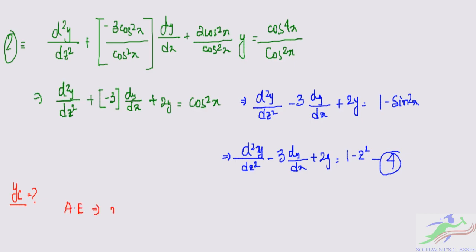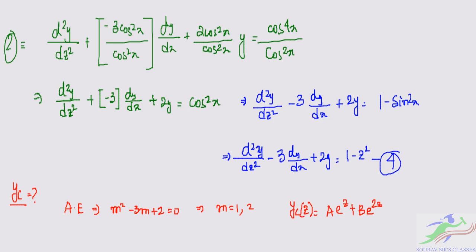The auxiliary equation is m square minus 3m plus 2 equal to 0. From here we get m equal to 1 and 2, two values. So yc of z is A e to the power z plus B e to the power 2z, that is the complementary function.